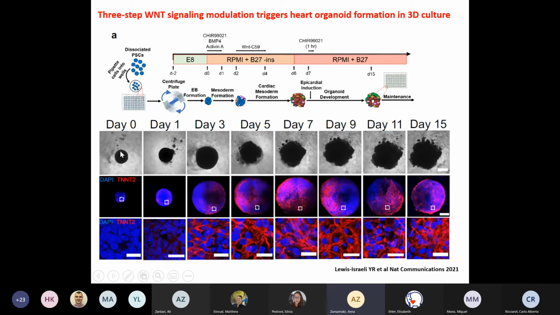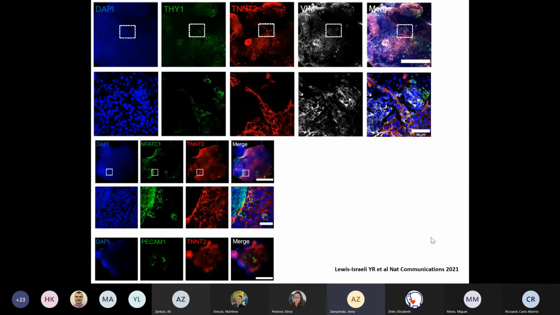You can see here the timeline for day 0 to day 15, how phenotypically the organoid changes as well, and also how you get an increase in cardiac troponin T deposition as the days progress.